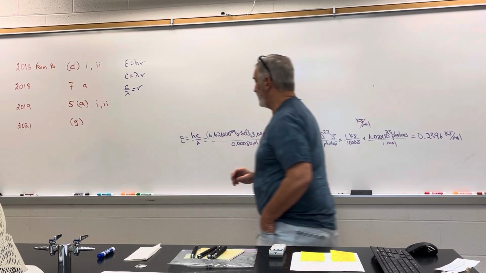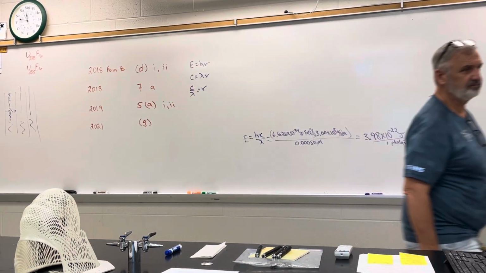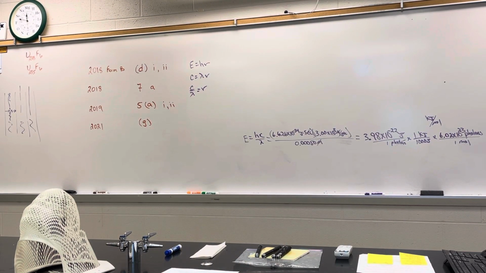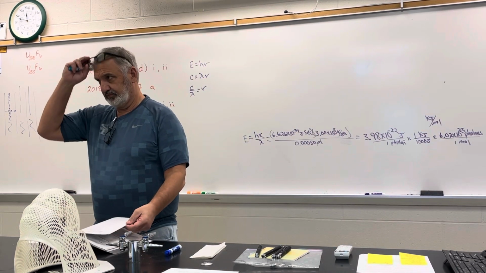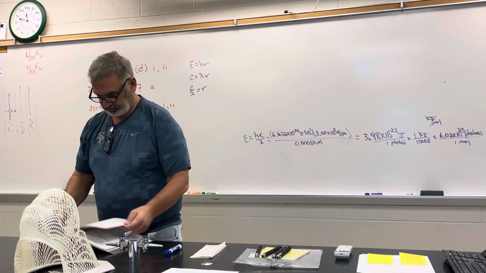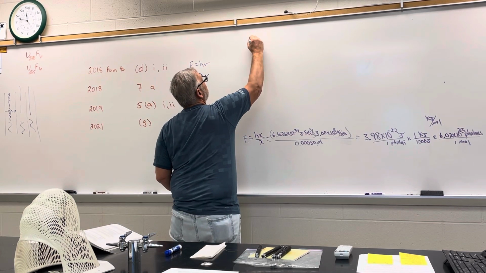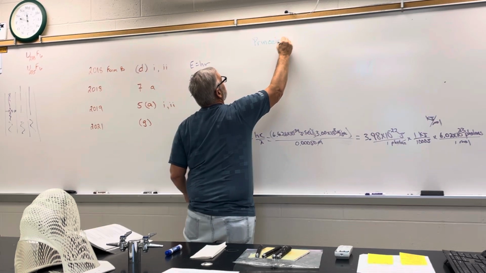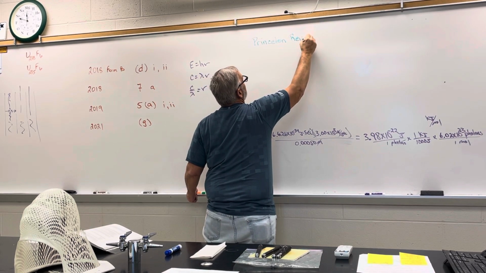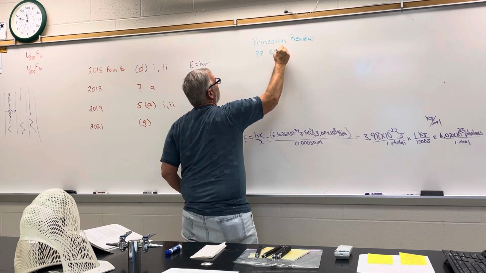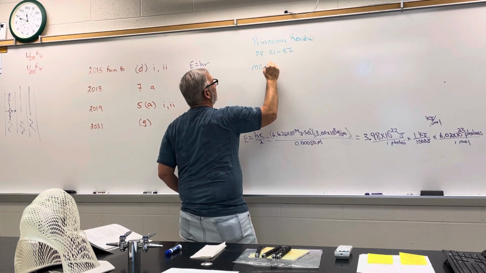It's pages 81 to 87 in your Princeton review. Multiple choice numbers 1 through 5.